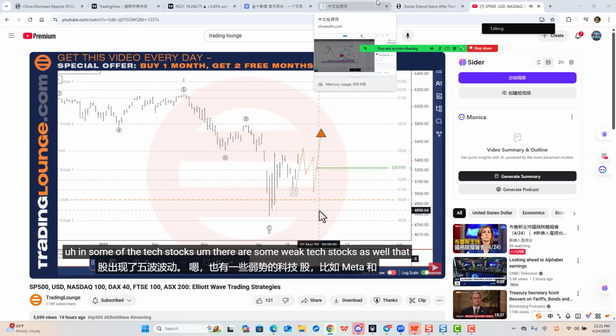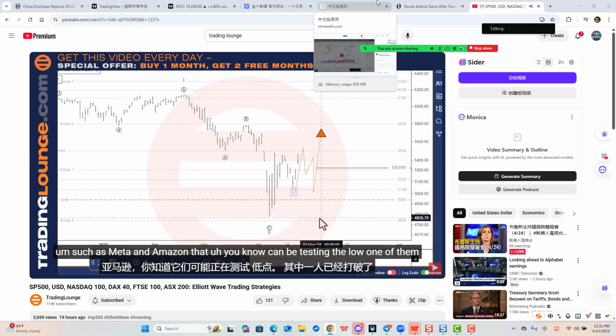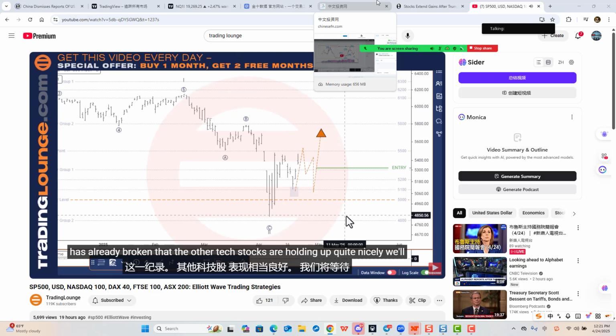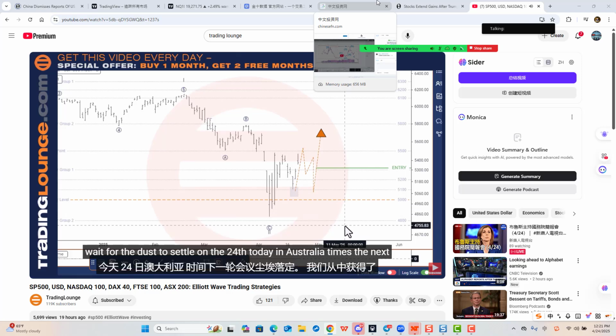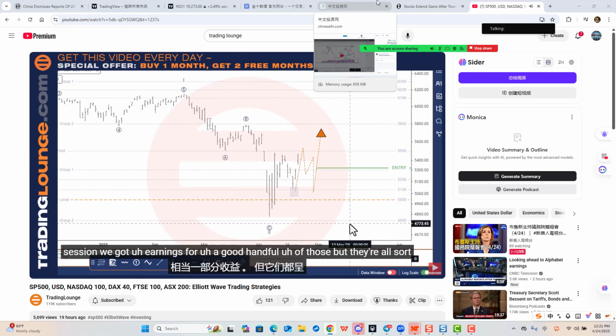There are some weak tech stocks as well, such as Meta and Amazon, that can be testing the low. One of them has already broken that. The other tech stocks are holding up quite nicely. We'll wait for the dust to settle on the 24th today in Australia time, the next session. We've got earnings for a good handful of those, but they're all shaping up to look a little bit bullish as well.